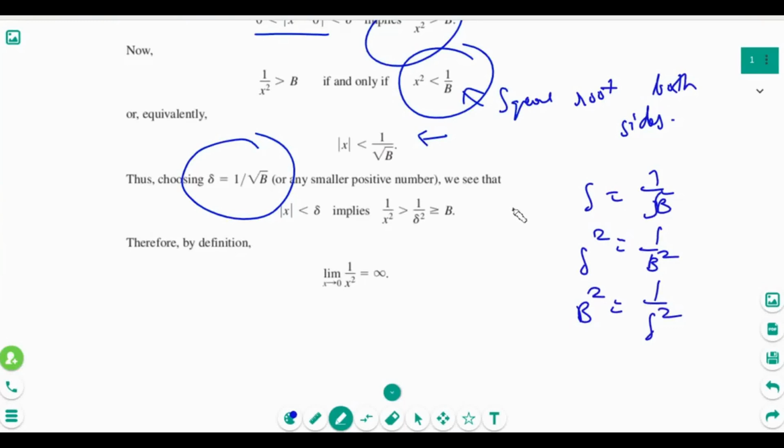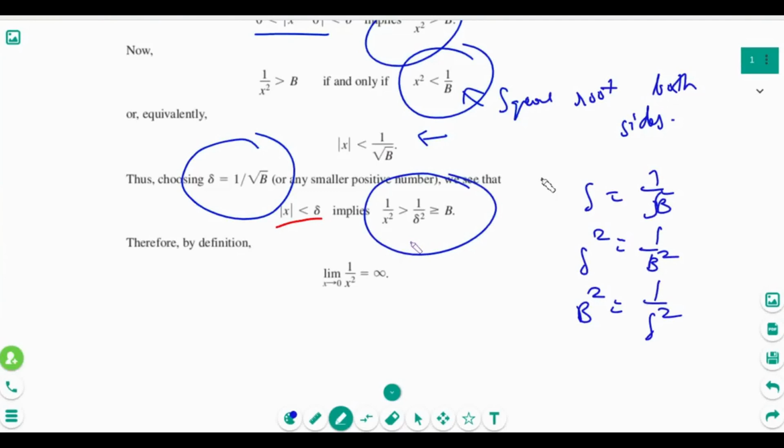Okay, this part is okay. Now here 1 by x square is greater than 1 by delta square, which is greater than or equal to b, because you are putting delta equal to 1 by root b.